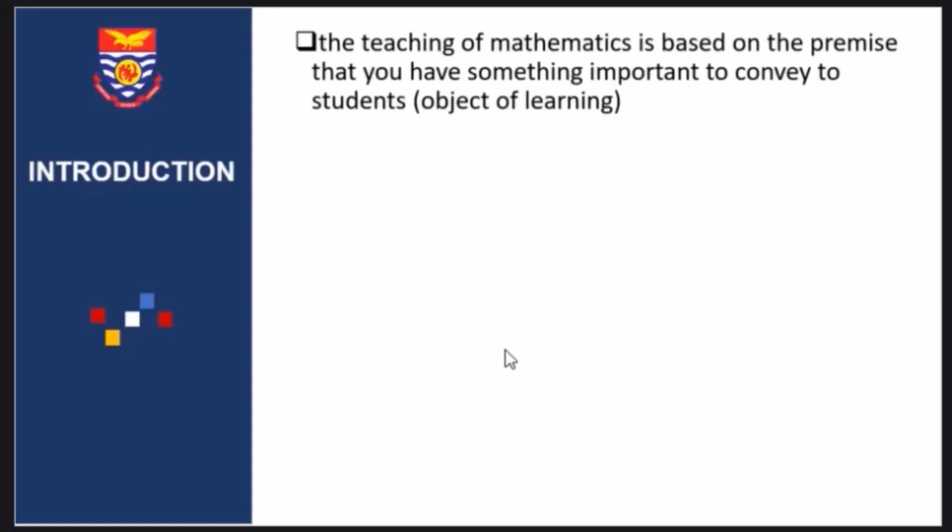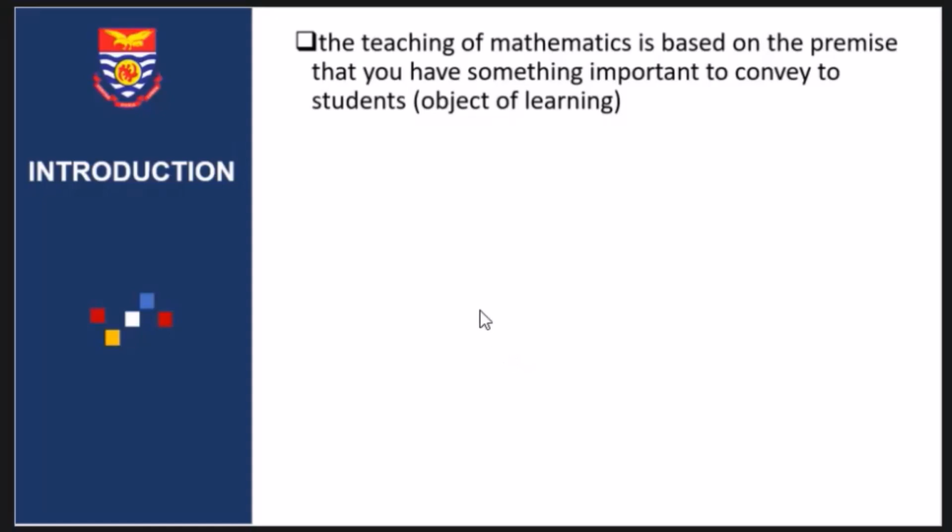The teaching of mathematics is based on the premise that you have something important to convey to students, and we looked at that particular thing when we talked about objects of learning, that there's something that we want our students to learn or to know or to be able to do at the end of our lesson.